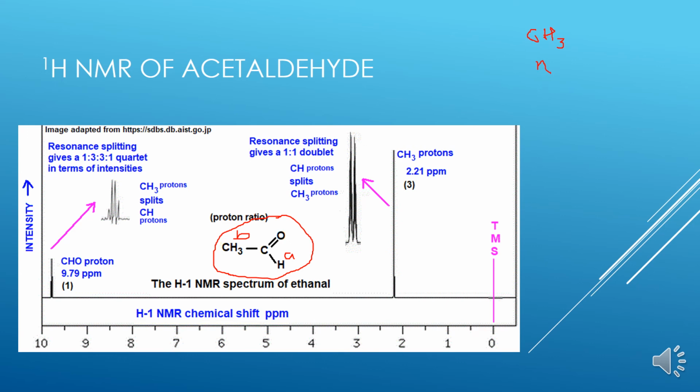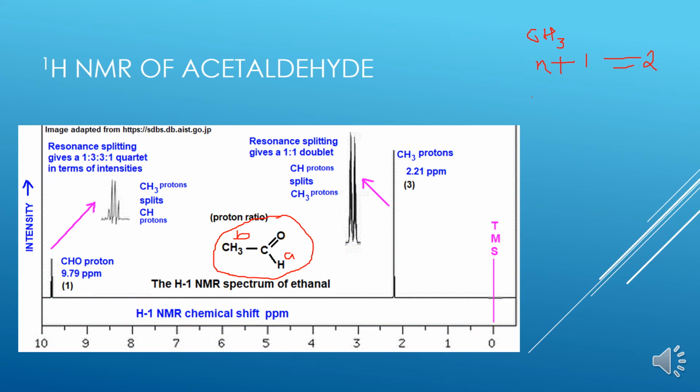Therefore, after applying the n plus 1 rule, we get 1 plus 1, which means a doublet. Remember, if we are calculating the splitting pattern of a particular molecule, we have to count the neighboring protons. So for CH3 there will be a doublet.